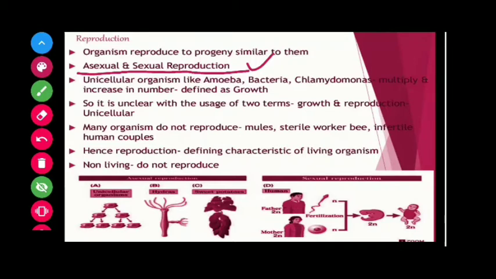In case of sexual reproduction, as you must have studied in class 10th, two parents are involved. First one is the male, another one is the female. Out of these two, the progeny will be produced, possessing features more or less similar to those of parents. While asexual reproduction in living organisms occurs by various means.